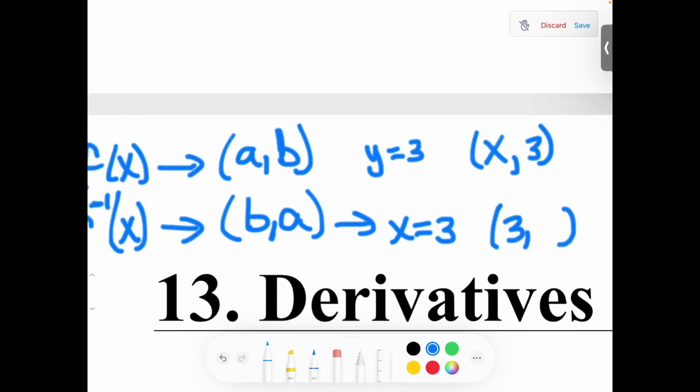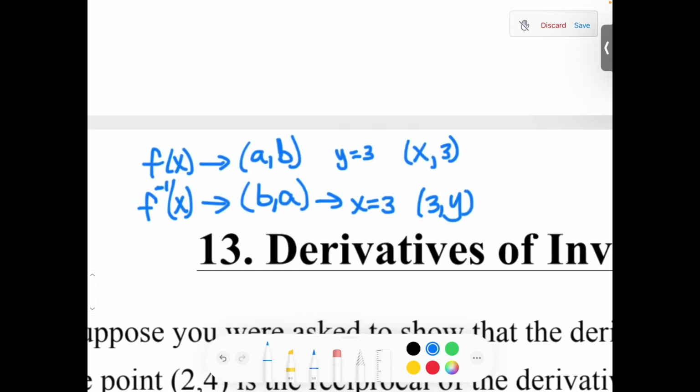So we would need the x value for the original function, which is the y value for the inverse function. If we can keep this idea straight, that the inverse has B, A, where the x value, x equals 3, is actually the y value for the original function.